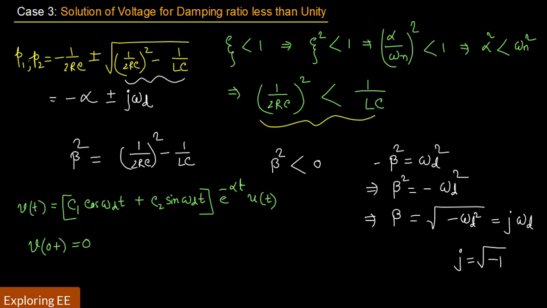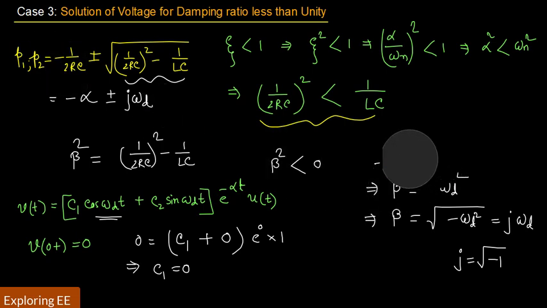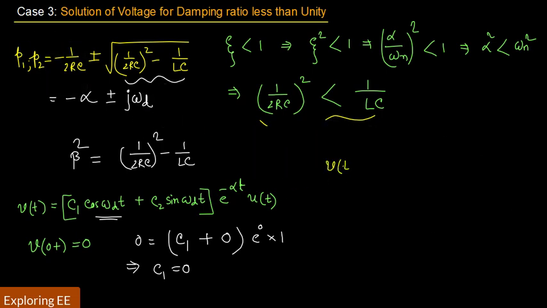Let us put it. So 0 equal to C1 cos omega d t, it is also unity, plus C2 into sin omega d t, it is 0, omega d t is 0 at t equal to 0, multiplied by e to the power 0 into unity. So C1 is coming out to be 0. So we can write down the expression in this form: V(t) is only C2 times e to the power minus alpha t into sine of omega d t.